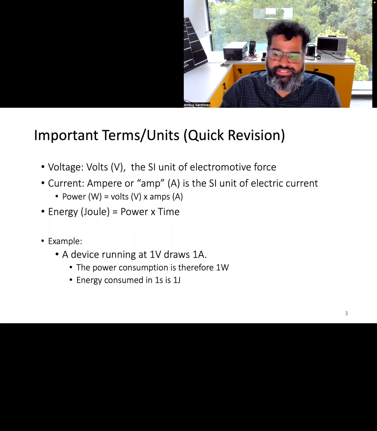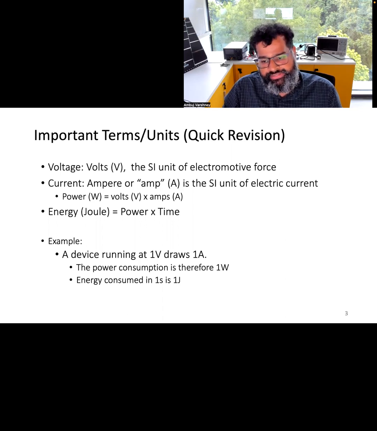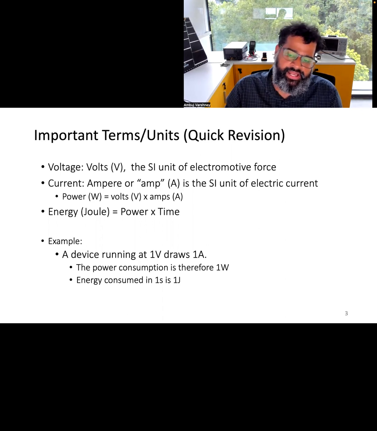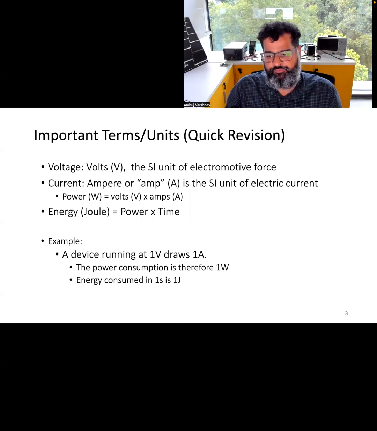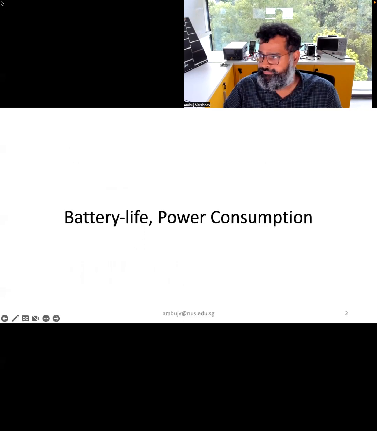On the other hand, energy is the total amount of electrical work done by a device over a period of time, and energy is calculated by multiplying power with time, and it is expressed in the unit of joules, which is the SI unit for energy. For example, if we have a device that draws 1 volt at a 1 ampere current for 1 second, its power consumption will be 1 watt and its energy consumption will be 1 joule.